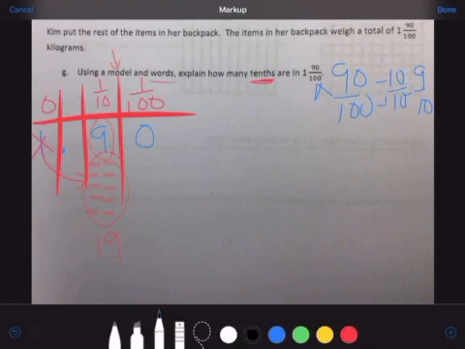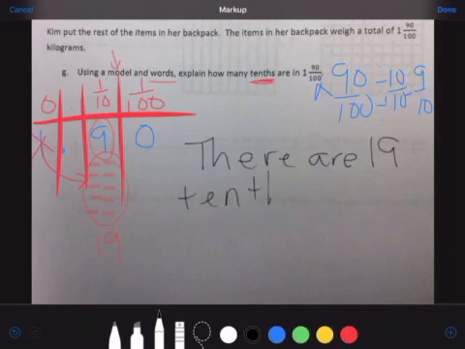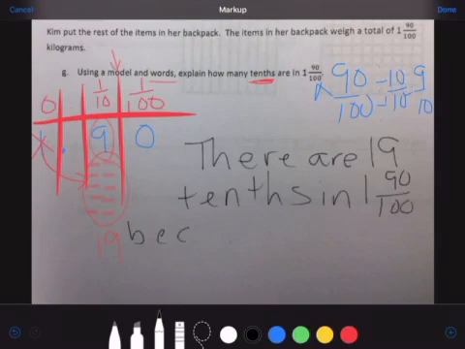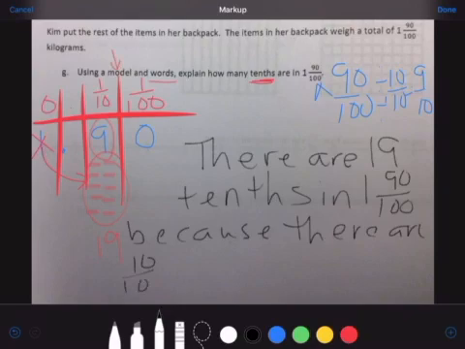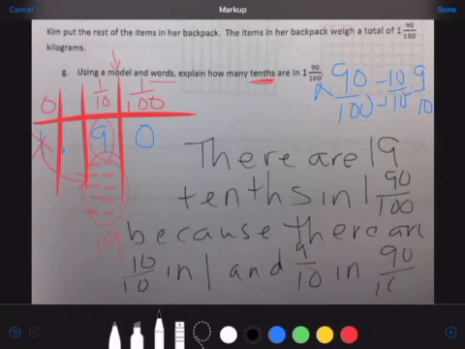So I will write, there are 19 tenths in 1.90 hundredths because there are 10 tenths in 1 and 9 tenths in 90 hundredths.